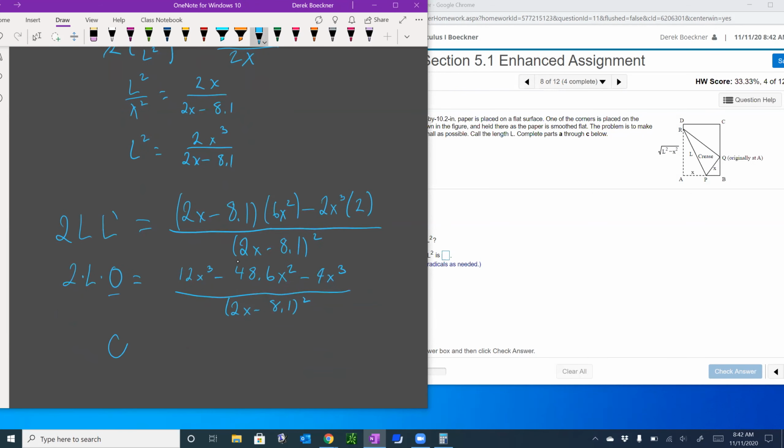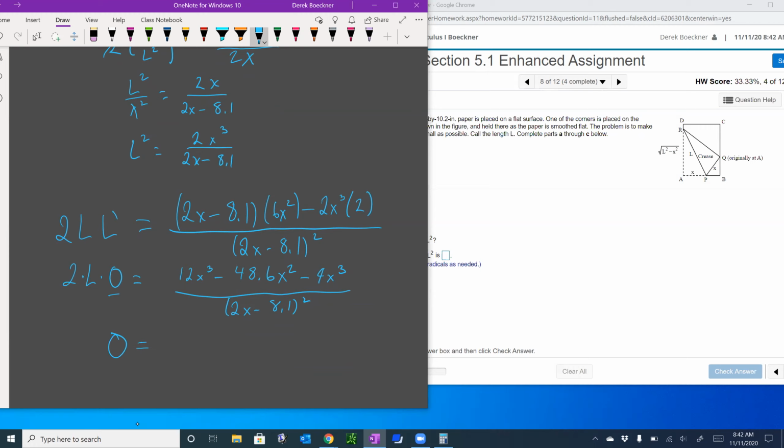So that 0 makes this entire side 0. And if I cross multiply, I can get rid of the denominator by moving it over, as long as I make sure that x isn't equal to half of 8.1, 4.05, we're going to be good.